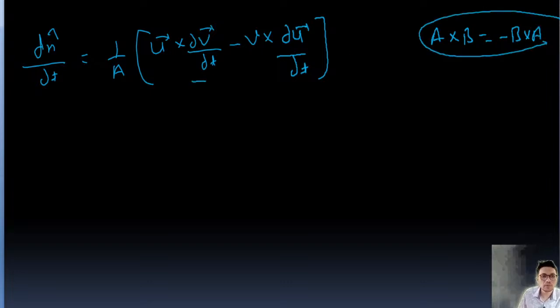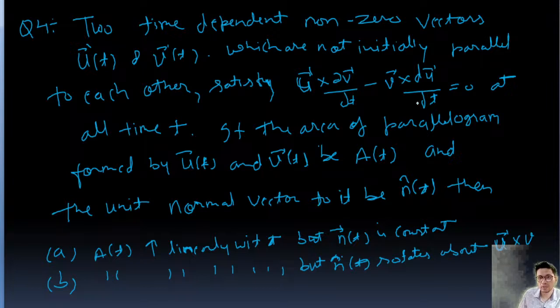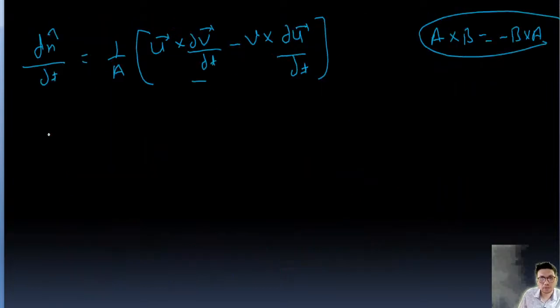Now this value is 0, given in the question. This means dn cap upon dt is going to be 0. This implies vector n cap is constant, right?